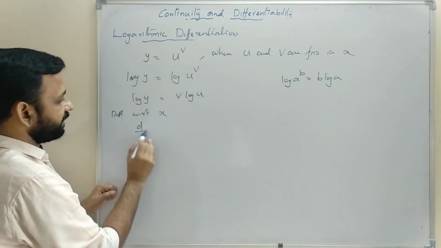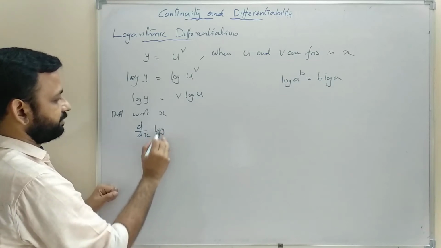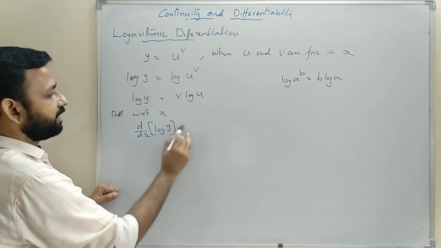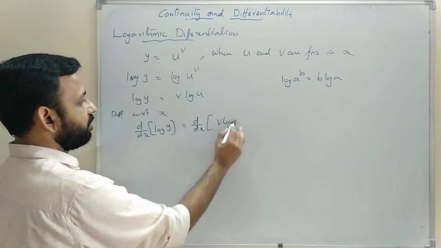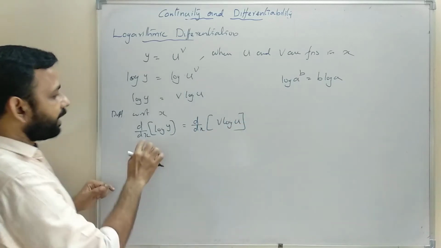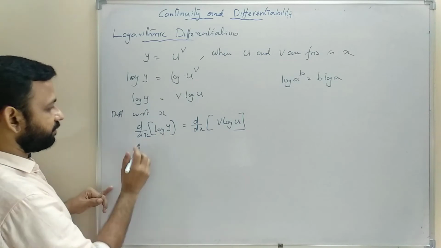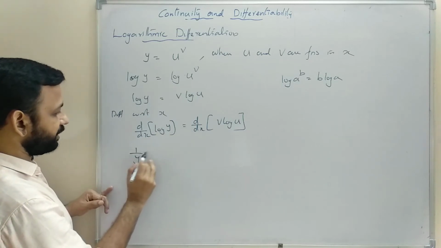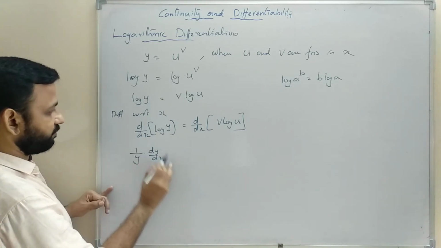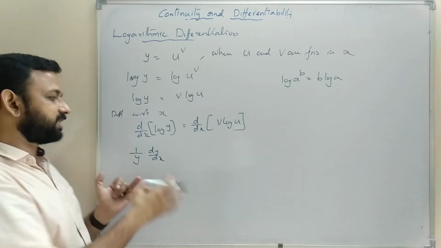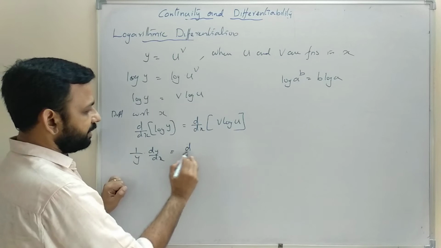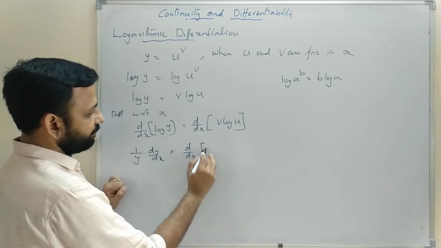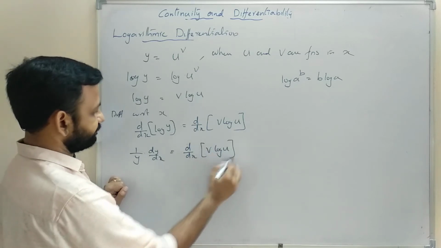So the derivative of LHS, d by dx of log y, is equal to the derivative of RHS, d by dx of v log u. Now the derivative of log y is 1 upon y into dy by dx, that is, 1 upon y into the derivative of y with respect to x. Right side, let it be the same, d by dx of v log u.